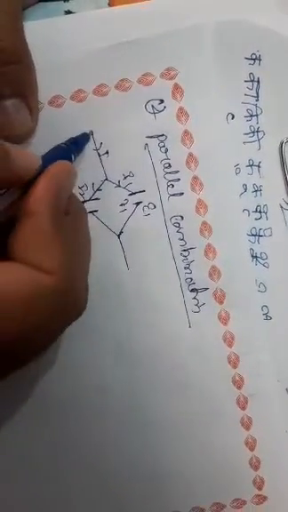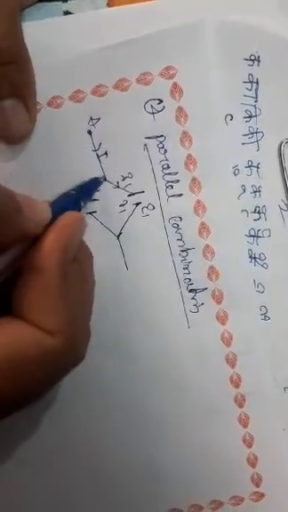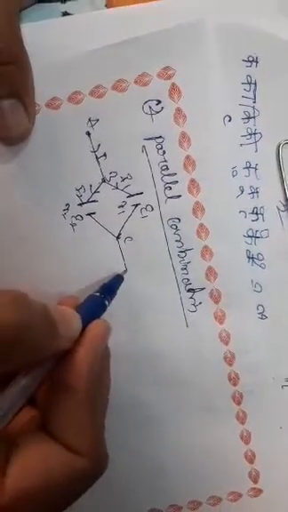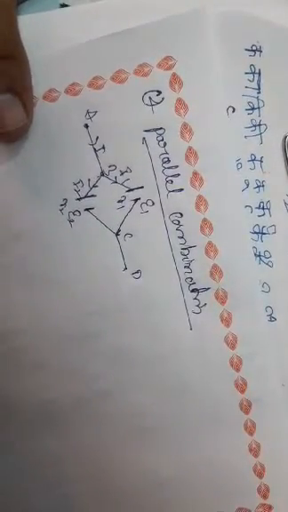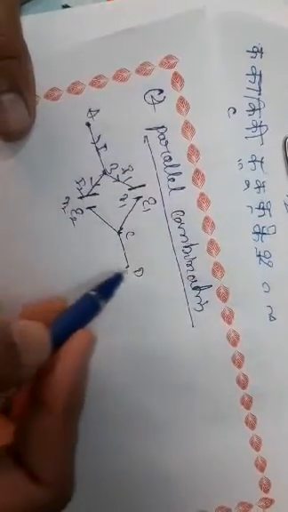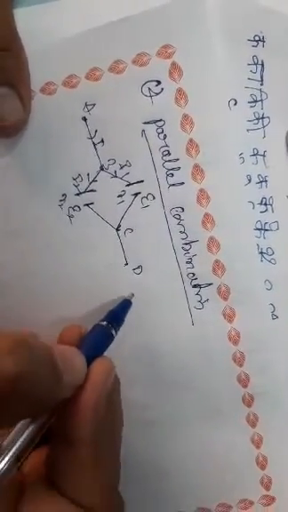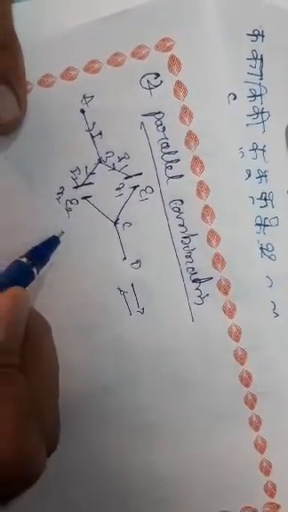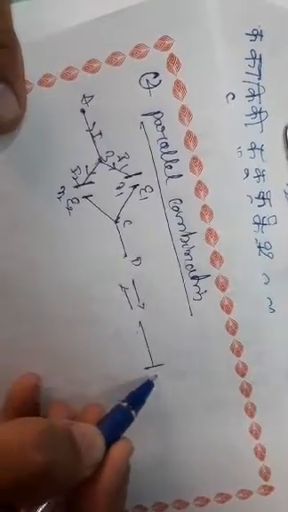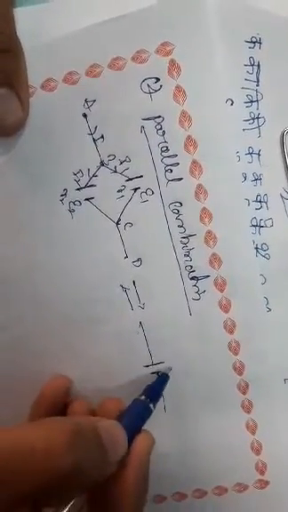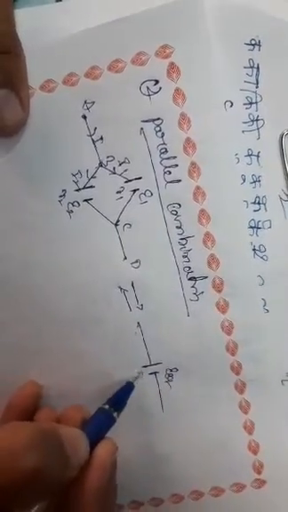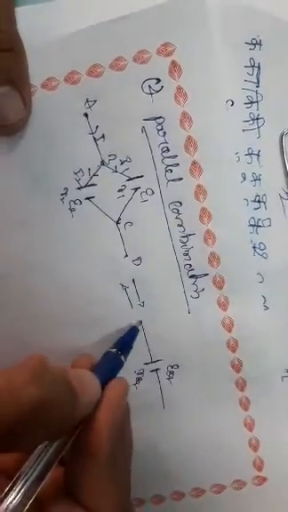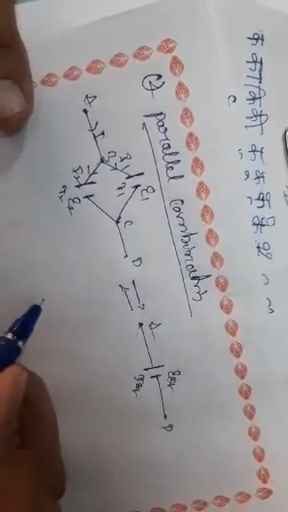Now, that is the A terminal, this is called B terminal, this is called C terminal, and this is called D terminal. Then this combination of cells is replaced by a single cell, E equivalent, between the A terminal and D terminal.